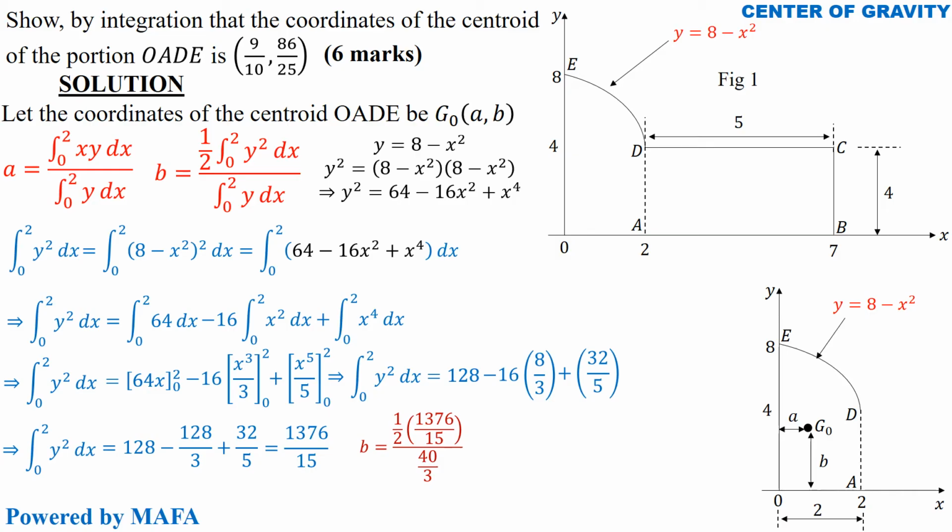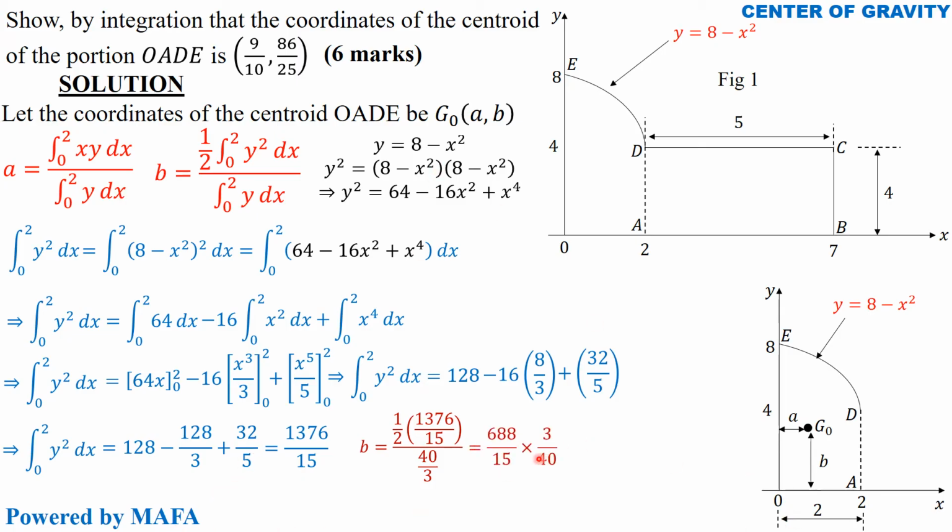Now what is b? Our b is simply the y coordinate of the centroid, which is half into this integral, all divided by the area. Now here is our half, now is the integral, the value of the integral, and this is the area.